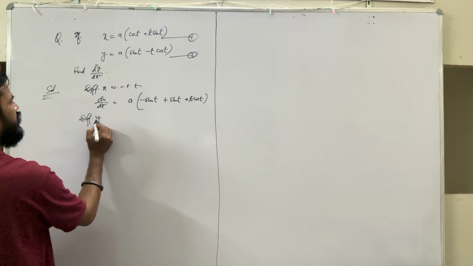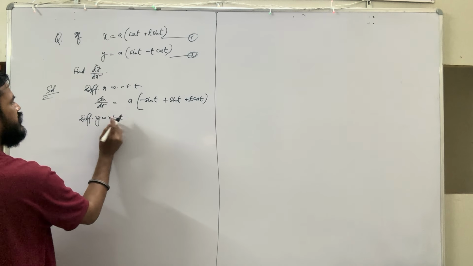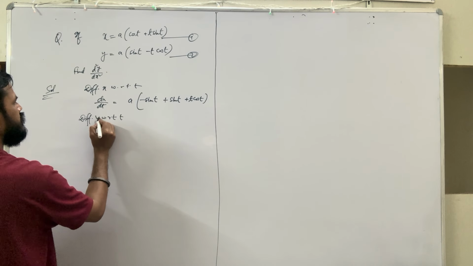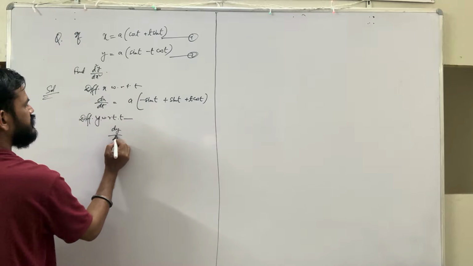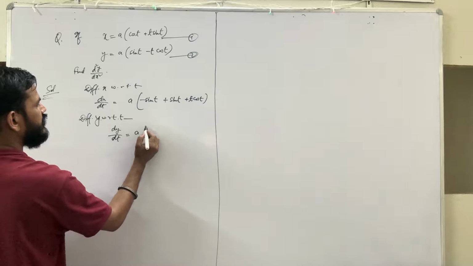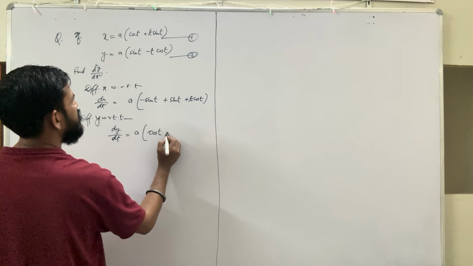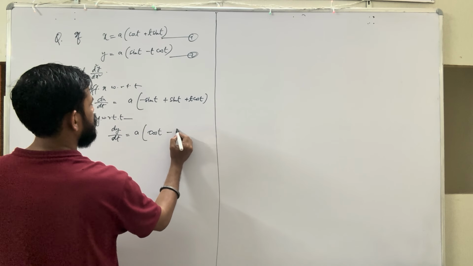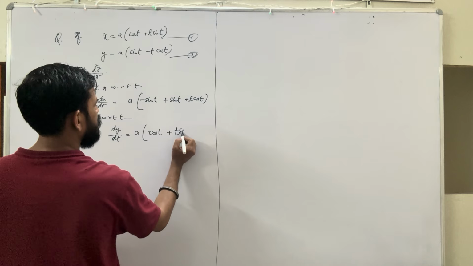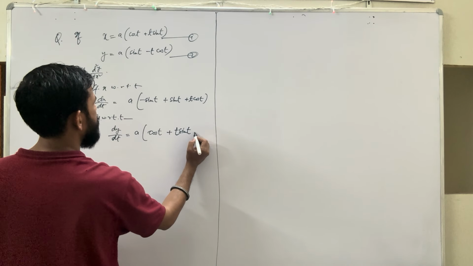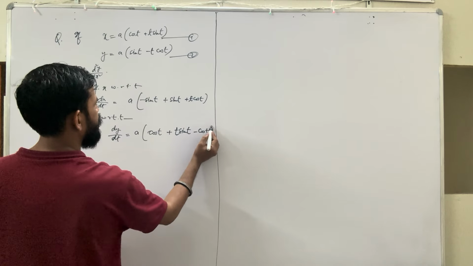differentiating y with respect to t, we get dy by dt is equal to a cos t minus, it will be UV rule again, so t sin t, and then minus cos t.